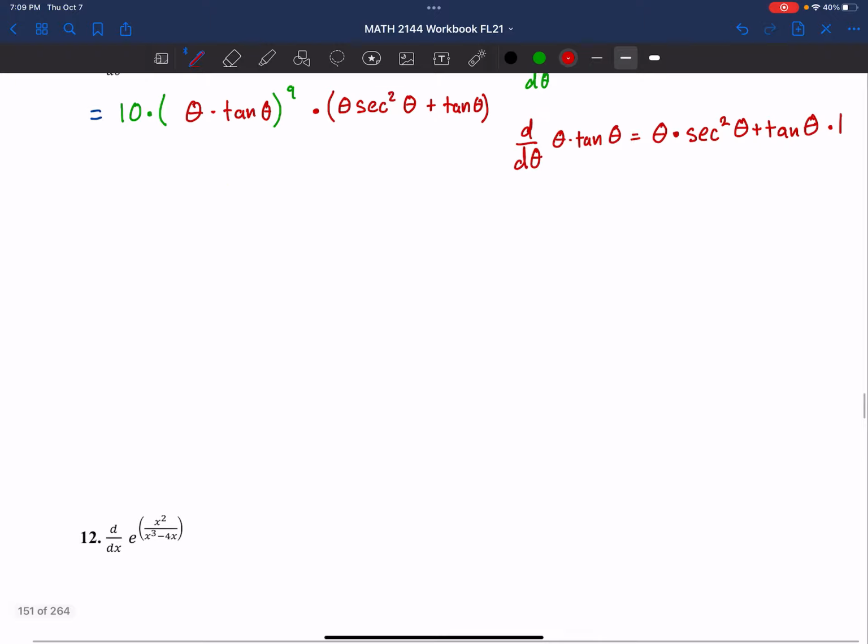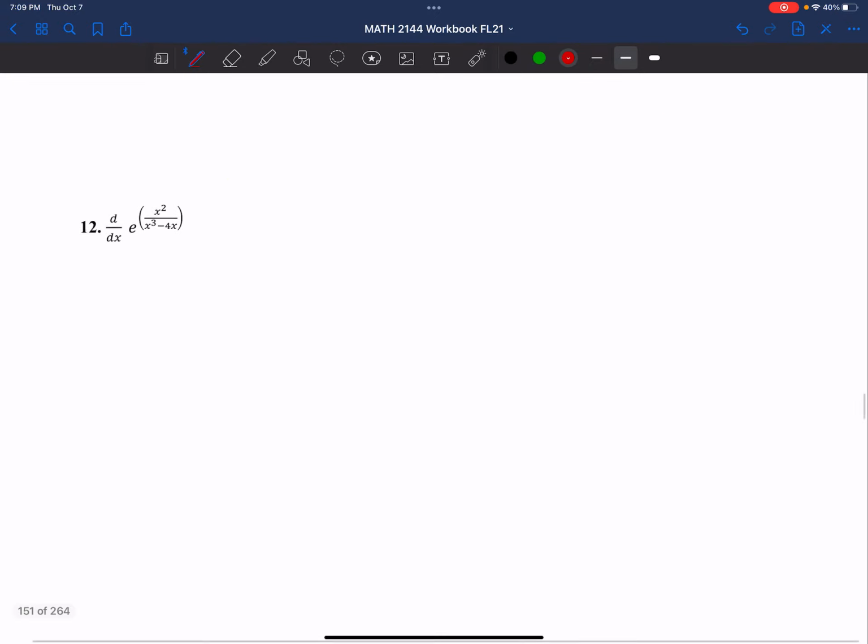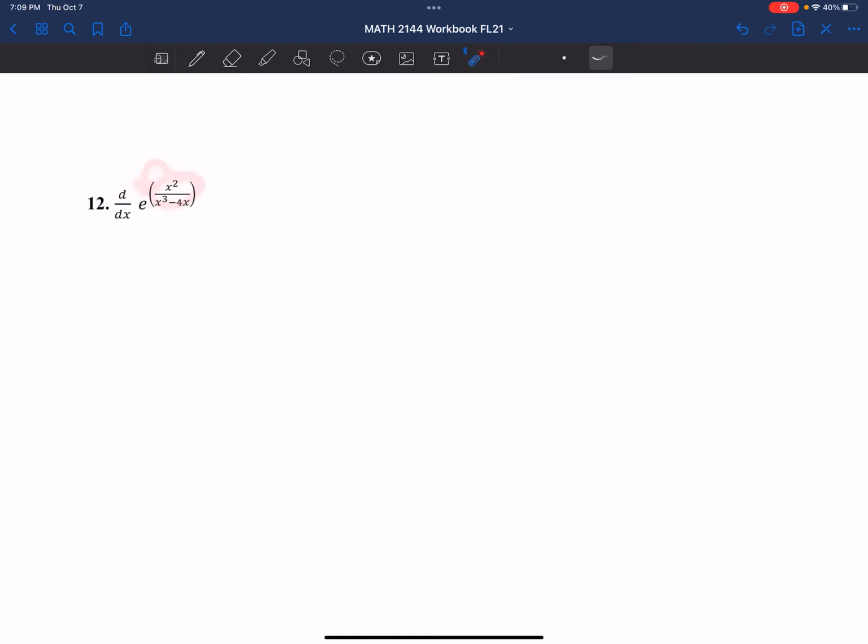And another example right here in number 12. This time you have, again, the chain rule because this big rational function is the inner of this one. So if I'm just thinking about this, e to the x is my outer, it's going to be e to the x, but the inner is going to be this rational function x squared over x cubed minus 4x. But then we have to multiply this by the derivative of the inner.